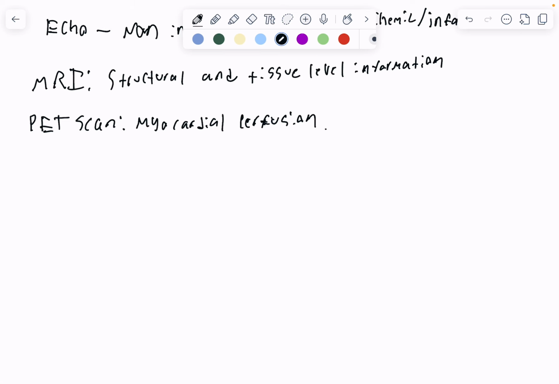And finally, we have a CT scan. It's good for assessing coronary artery disease. And you can also use an echo with the CT scan to get more information about the patient if you want to do a deeper dive.